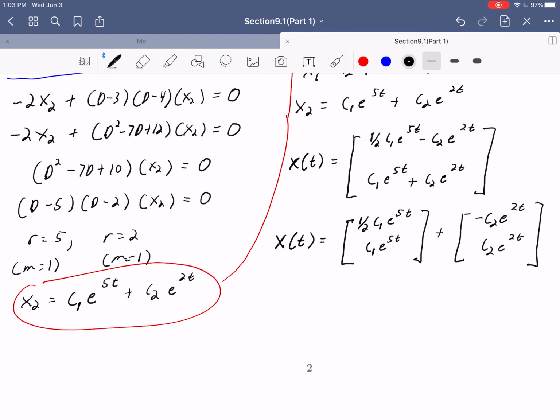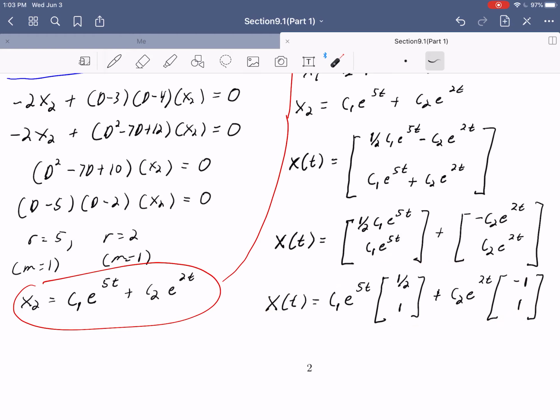And then notice I could do a little bit of factoring, c1e^(5t) and c2e^(2t). Okay, so we can view this as c1e^(5t) times (1/2, 1) plus c2e^(2t) times (minus 1, 1). Okay. Now you might be saying to yourself, okay, sure, I agree algebraically, not sure exactly why I care.